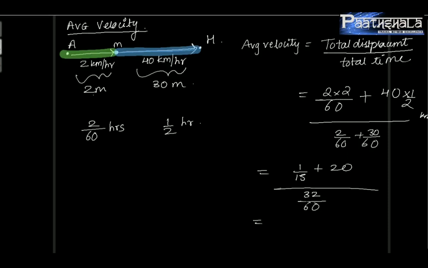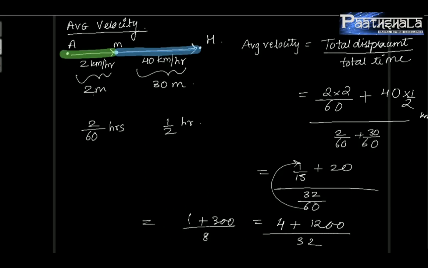So 60 goes up, and 60 goes up to give you 4 plus 20 into 60, which is 1200, whole divided by 32. So that is also equal to, divide the whole thing by 4 and you get 300 plus 1 upon 8. If we ignore this one, this is approximately equal to 300 by 8.